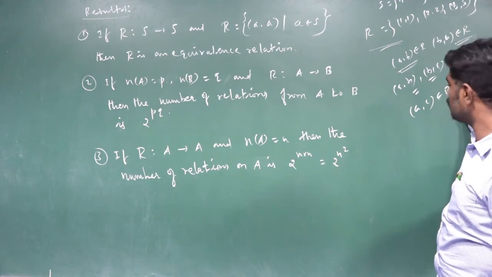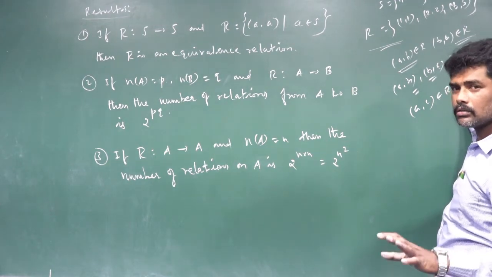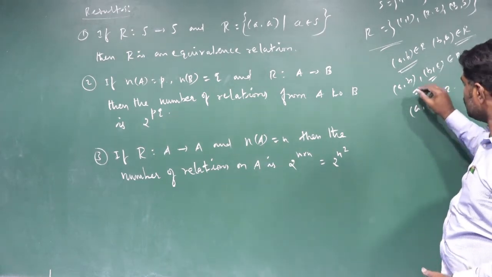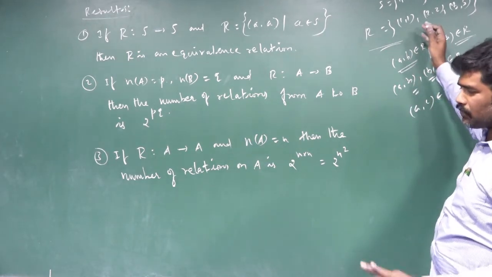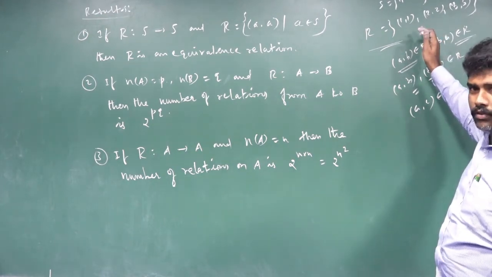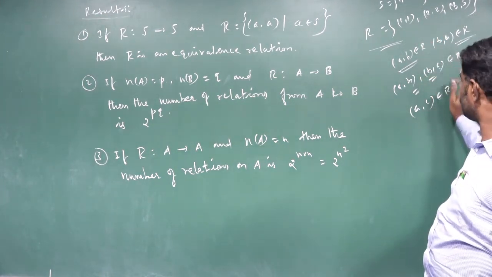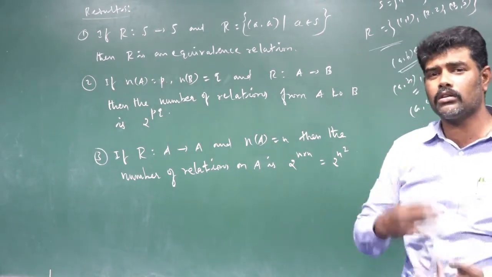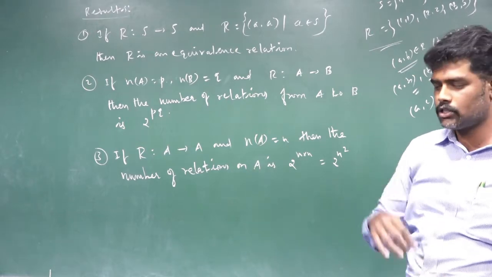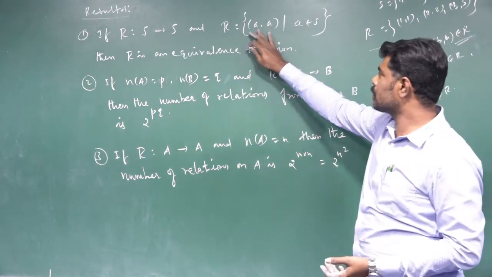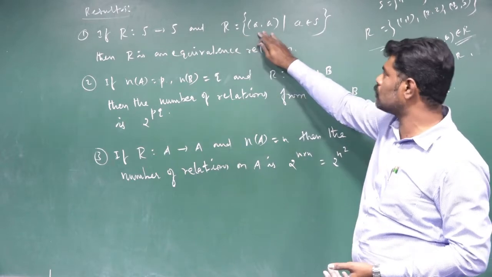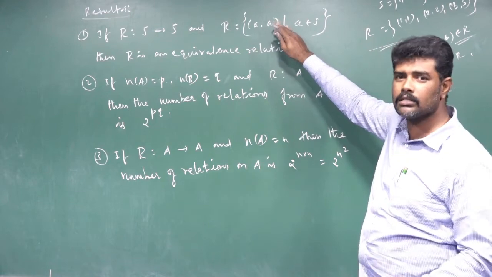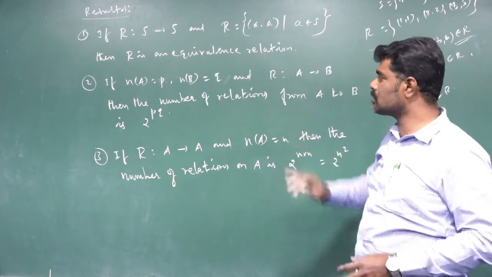Here, pairs with different numbers are not there. So without such pairs, how do you verify transitive? Directly we should take this as transitive. So a relation consisting of pairs with the same elements is called an equivalence relation.